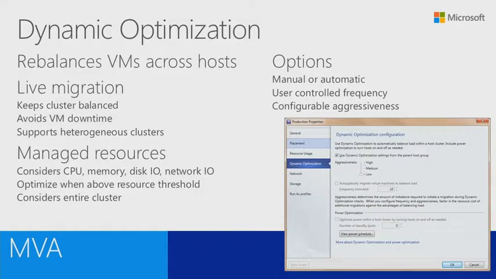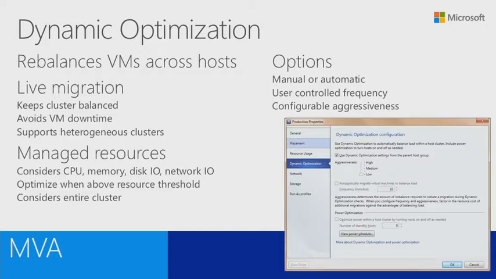Now in System Center 2012 Virtual Machine Manager, we added dynamic optimization. And this basically took this intelligent placement one step further. Now what intelligent placement did in the past was when someone said, hey, move a VM, it would go pick the best host. But we wanted to have this done automatically. So when one host starts to get overloaded, it will automatically spread the VMs out, move them to different hosts to help balance the capacity.